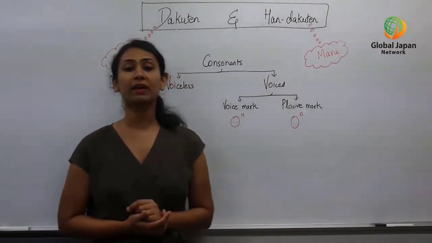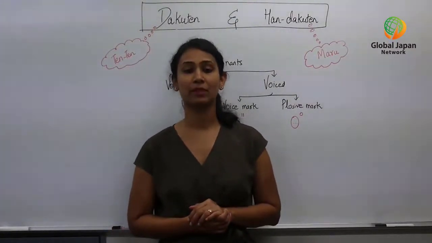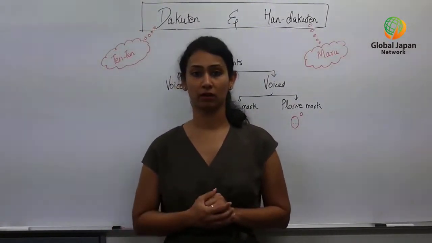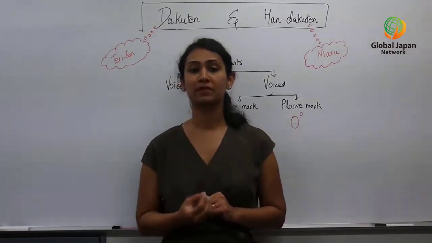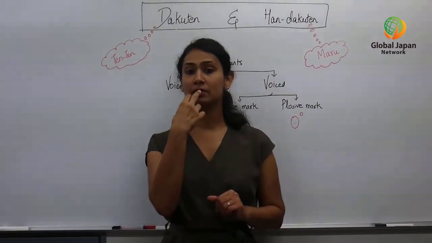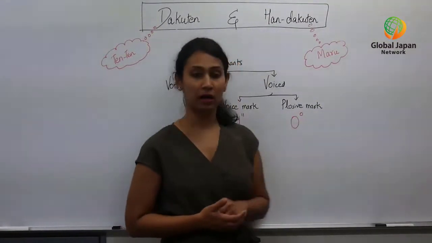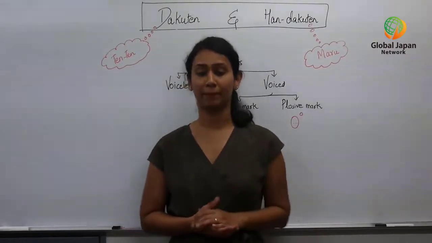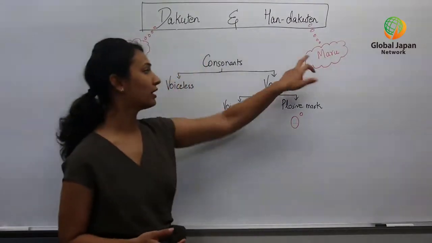A consonant can be converted into some other sound also by adding something called a plosive mark. The plosive mark explodes on the lips like a pop, pop. The sound is more to do with the lip. The plosive mark in Japanese is called handakuten, or colloquially we call it maru.